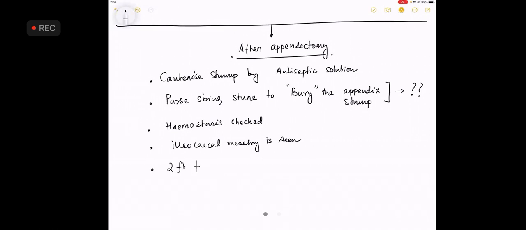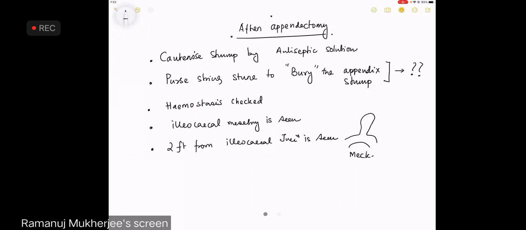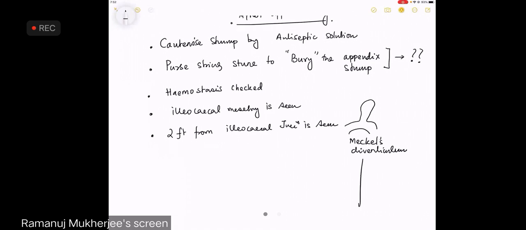2 feet from the ileocecal junction is seen. Can you tell me what is seen 2 feet from the ileocecal junction? It is a diverticulum. We will not talk about when this diverticulum should be taken out, but just to write a note and write it completely.